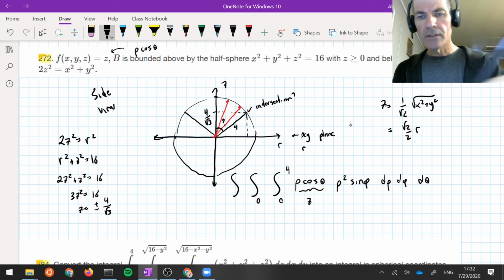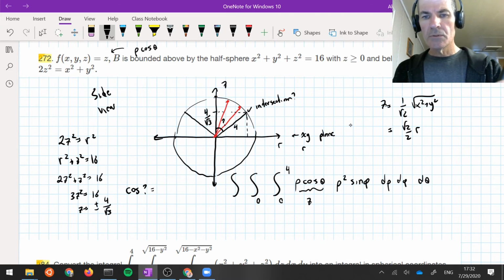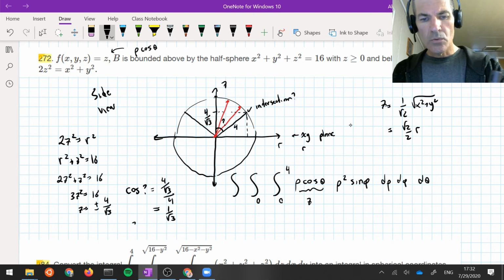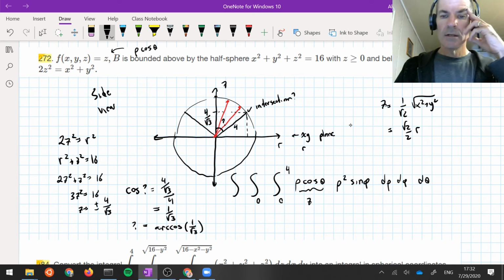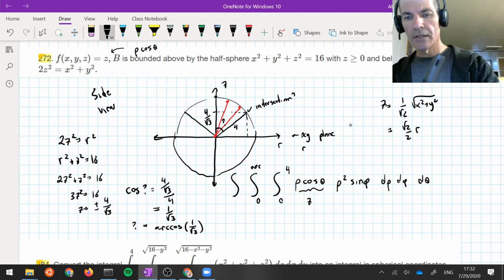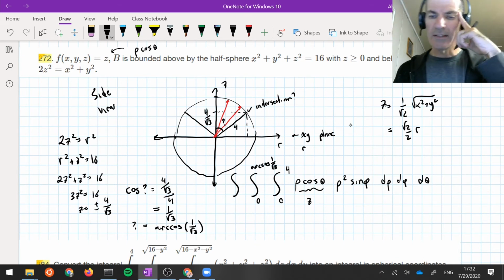So now I know that the cosine of the angle, the cosine of the question mark, is equal to the adjacent over the hypotenuse, 4 over root 3 divided by 4, or 1 over root 3. And the question mark is now the arc cosine of 1 over root 3. So that's the upper limit for the phi variable, arc cosine 1 over root 3. Definitely a bit of trig there to figure that out.